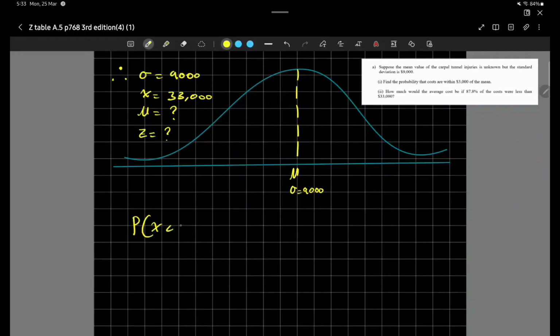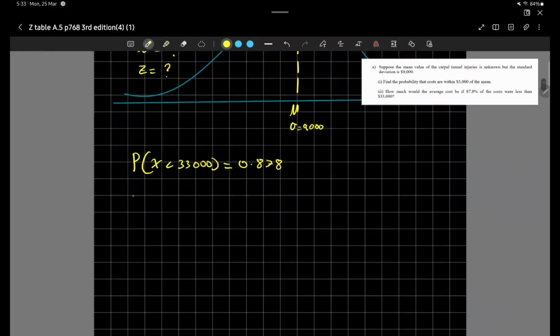X is less than 33,000 equals 0.878. Finding the complement of that, 1 minus 0.878 gives you 0.122.